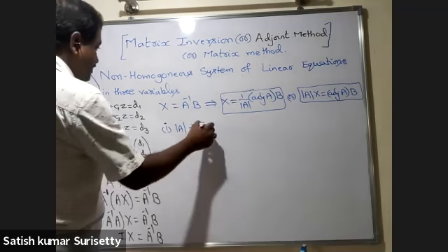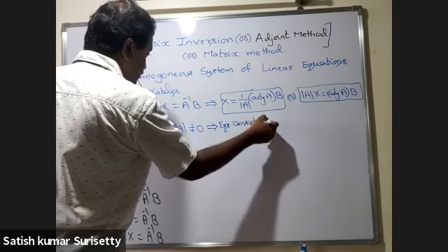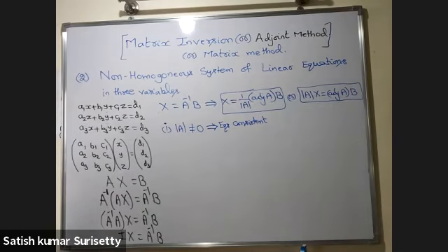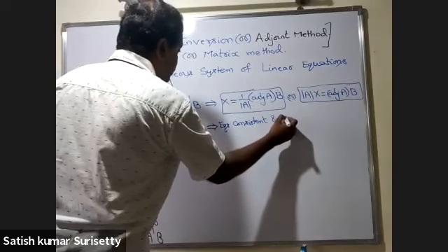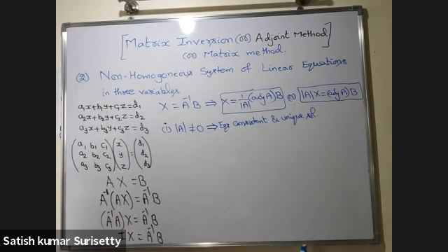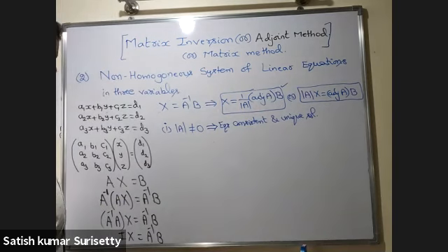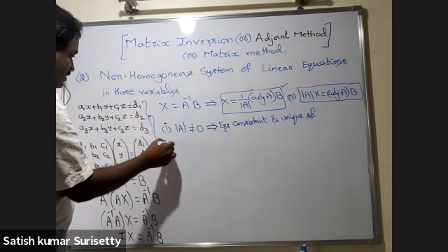Then the system of equations is consistent and has a unique solution, obtained by capital X equal to 1 upon determinant of A into adjoint of A into B. Geometrically, the equations represent planes.